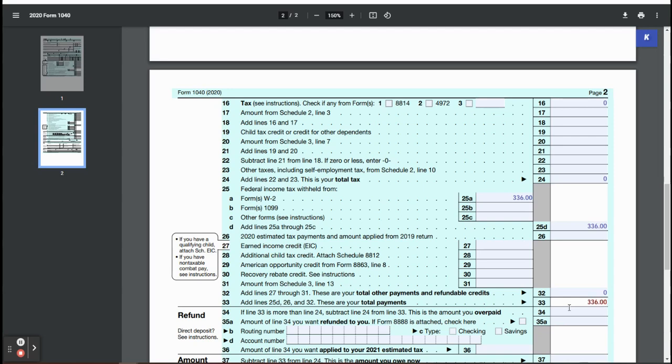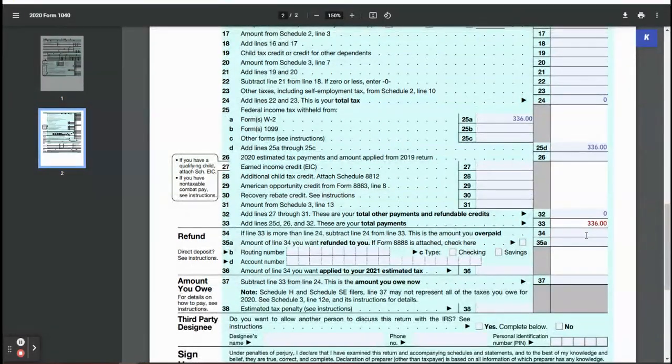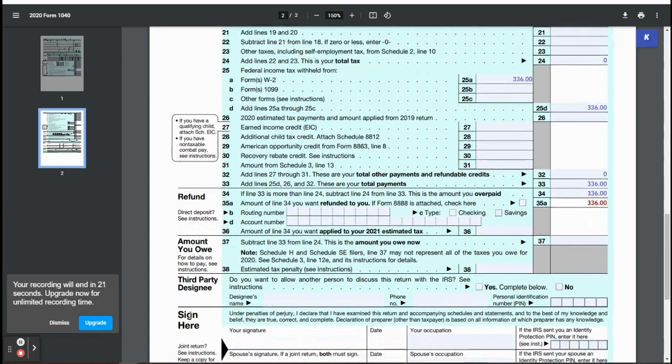So again, remember that we always compare line 33 to line 24. Line 33, he paid $336. Line 24, he was supposed to pay 0. So in that case, this is a refund. He overpaid, and he will get a refund of that $336 back. So we want to go ahead and make sure that we fill that out.